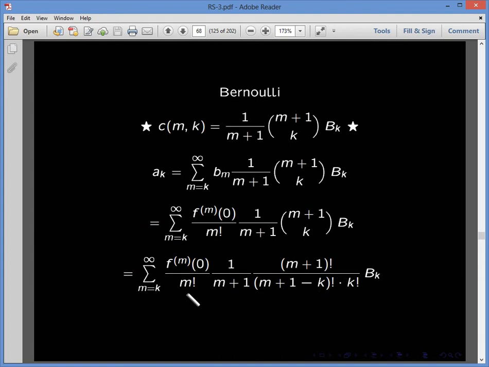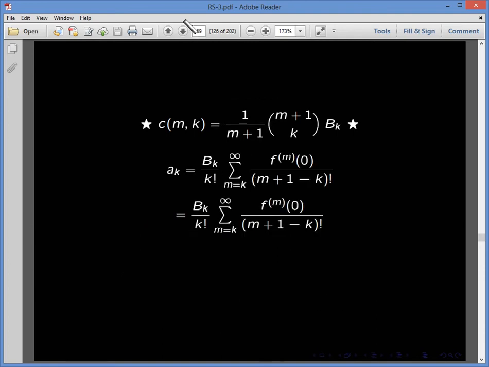Now you can see m factorial times m plus 1 cancels with m plus 1 factorial, and k factorial is there for the Taylor series. I'm going to put this m plus 1 minus k factorial underneath that one because I recognize that shape. So I put it on there, and k factorial goes outside, because the sum is about m.